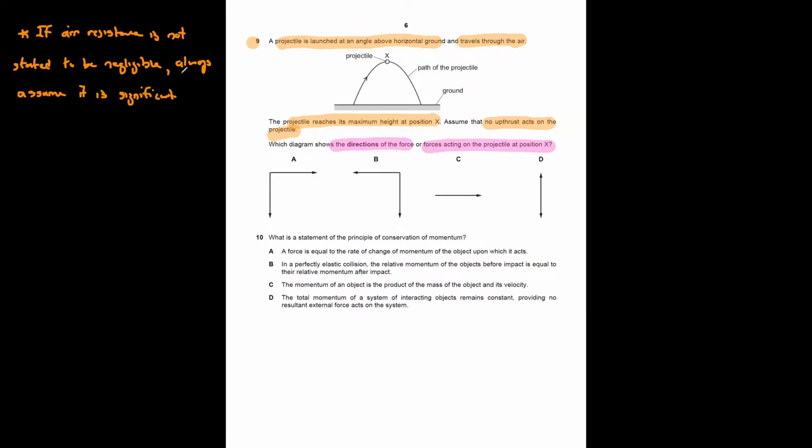Or in other words, always assume air resistance is present unless otherwise stated. There's another different way of wording this. Always assume air resistance is present unless otherwise stated. So in your case, your question never says anything about air resistance being negligible. You are to assume that it is significant here.